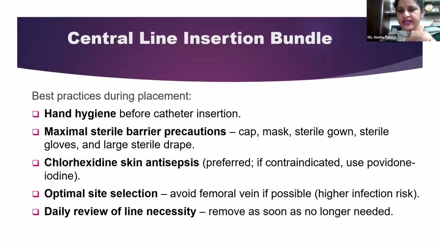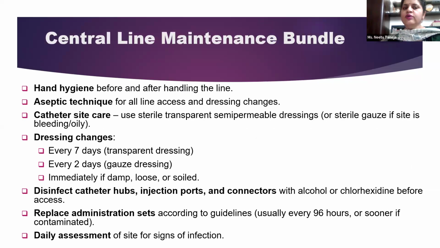We should avoid femoral lines as much as possible because of the higher infection risk. Then daily review of line necessity is important, and you should remove the line as soon as it is not needed.